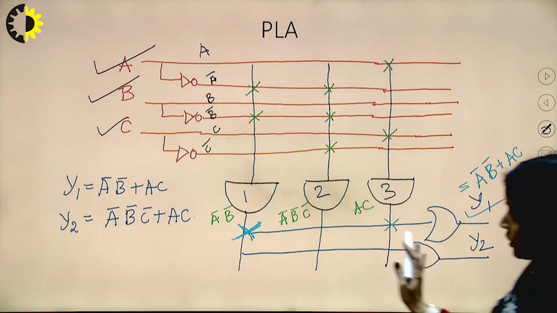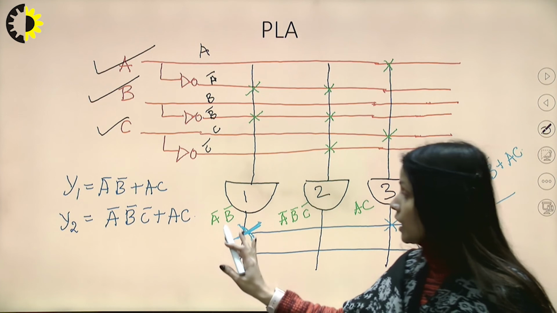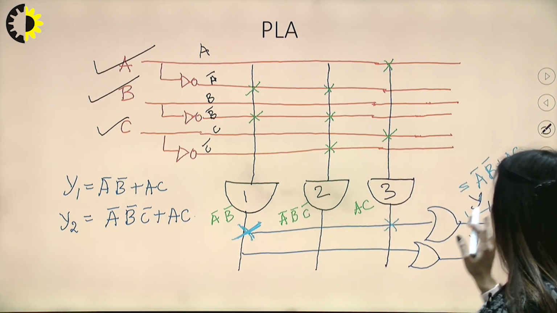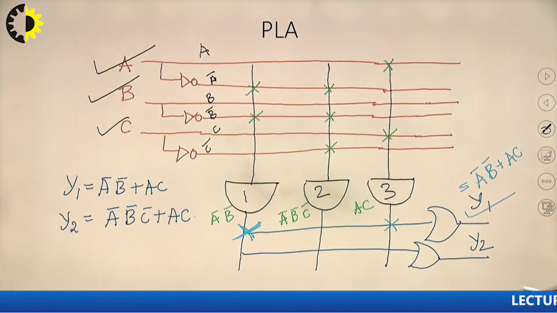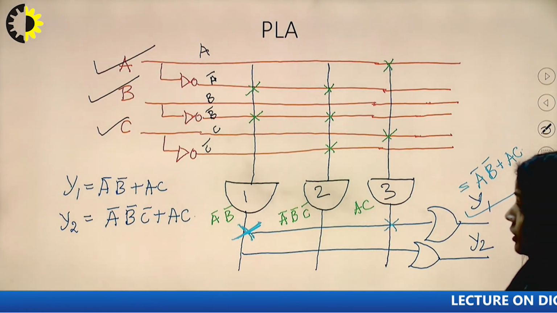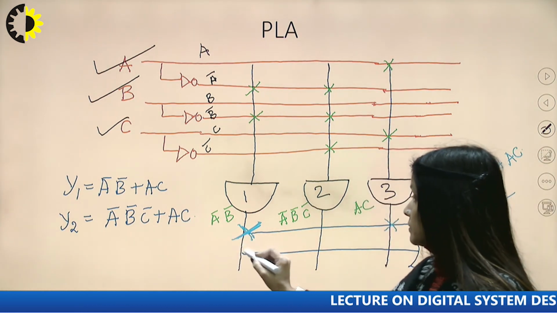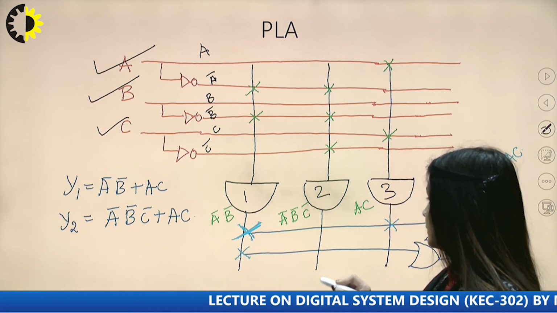Now what I am doing is, I am fixing my programmer. These OR gates are also being fixed for giving this particular output, that is equal to A bar B bar plus AC. Now next, so here A bar B bar C bar.